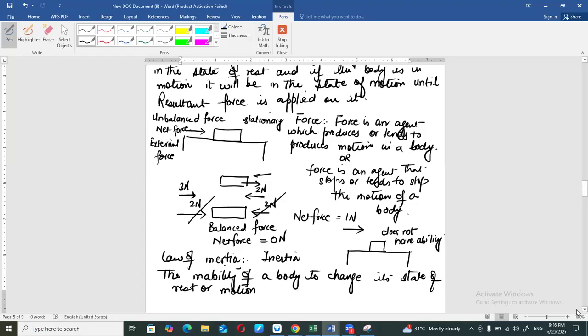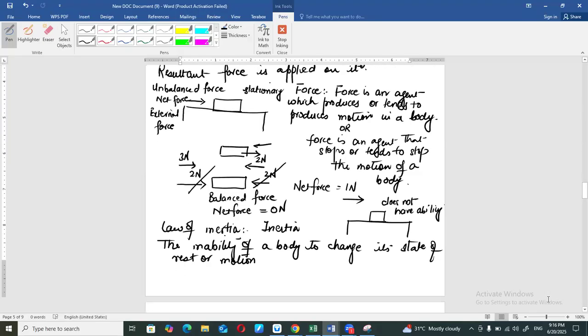And because this property is given by Newton's first law, we also call that law the law of inertia. So the first law is actually giving us the definition of force and also tells us that there is a property named inertia. Now that is all the explanation given by Newton's first law, right?